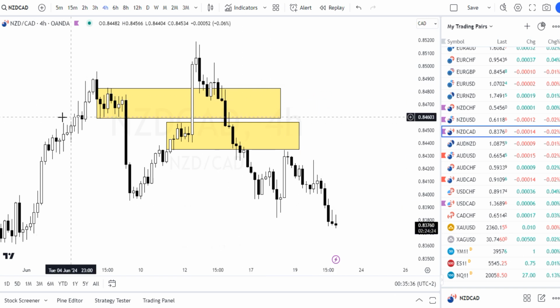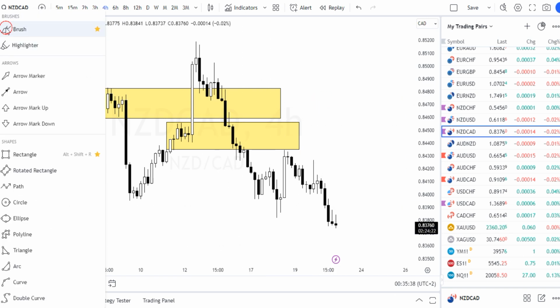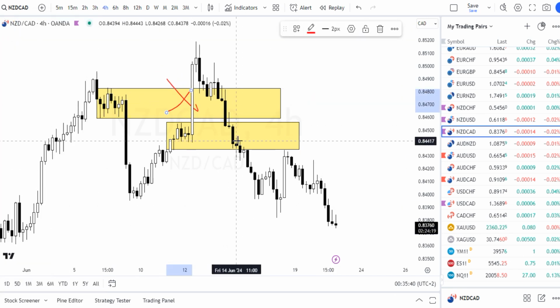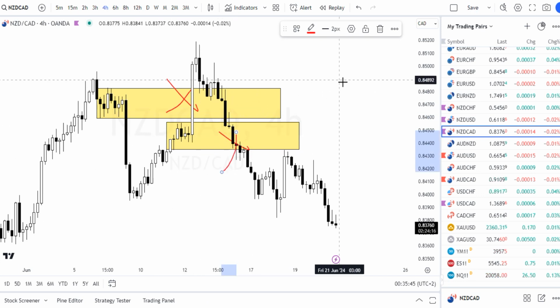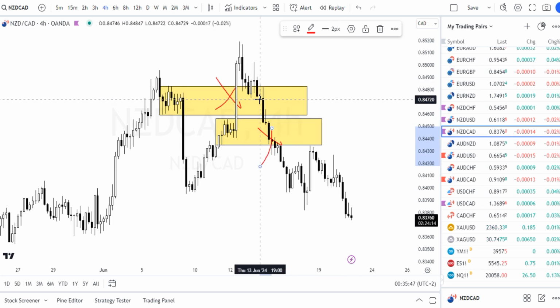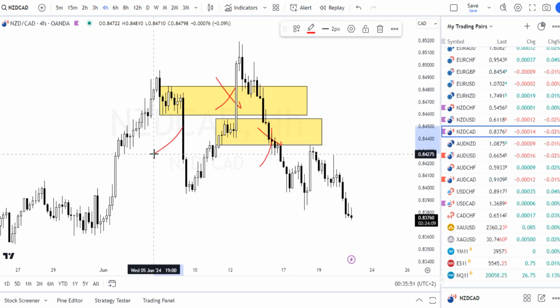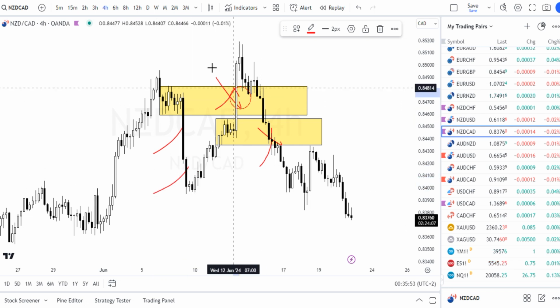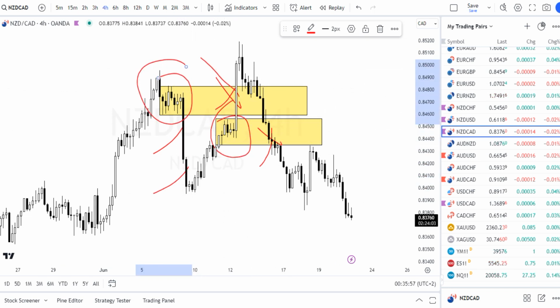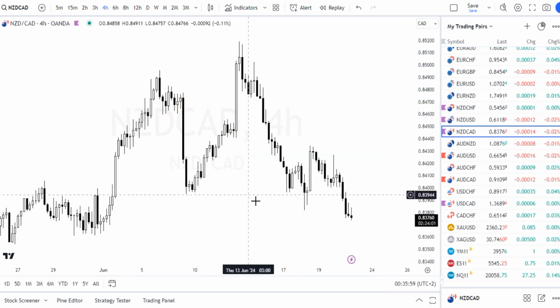You can see in this case both of them did not work, and this one also did not work. Why? They both look good: strong candle, order block, they both looked very good.